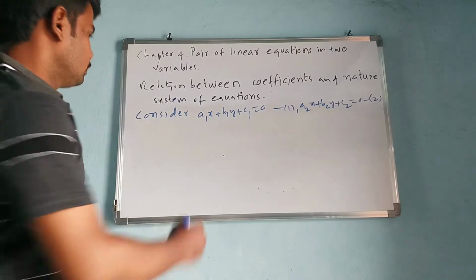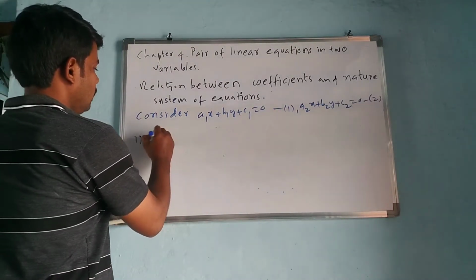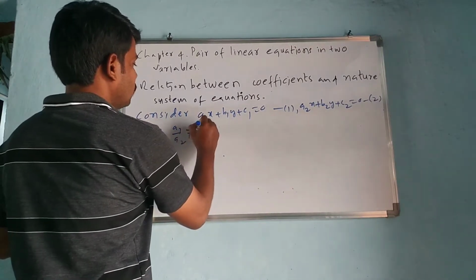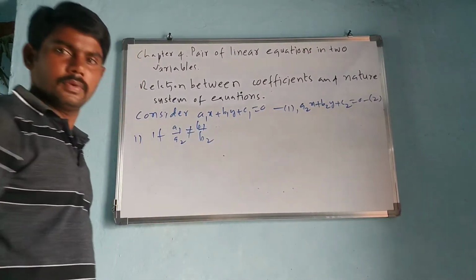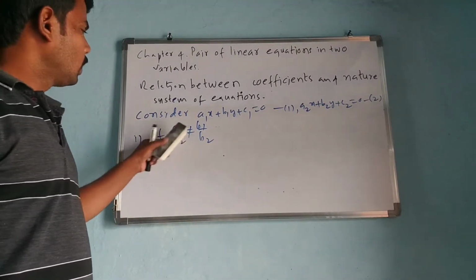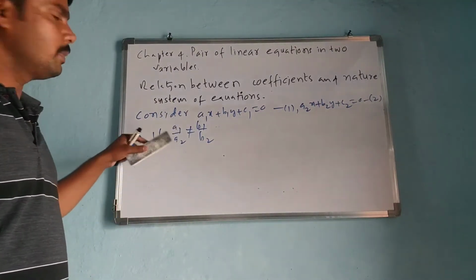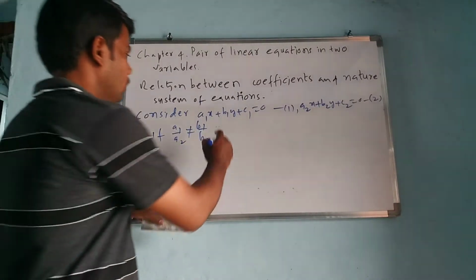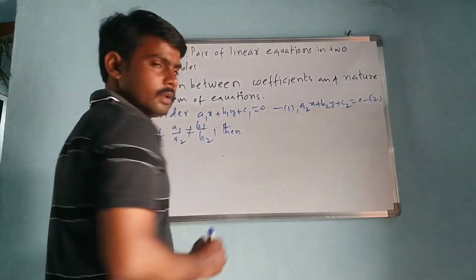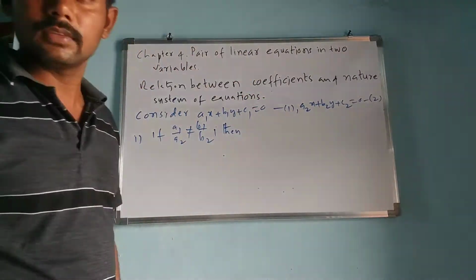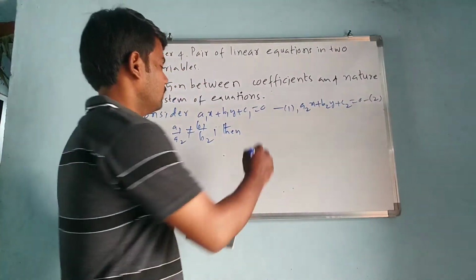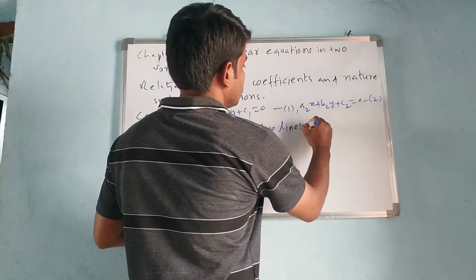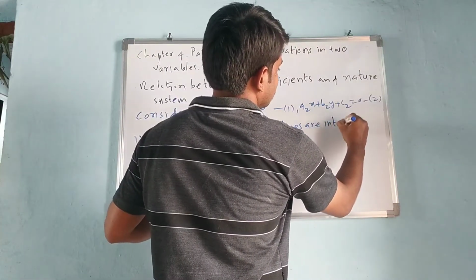So now first case, if a1 by a2 is not equal to b1 by b2, this is the first relation between coefficients. Then the two lines are intersecting at a point.